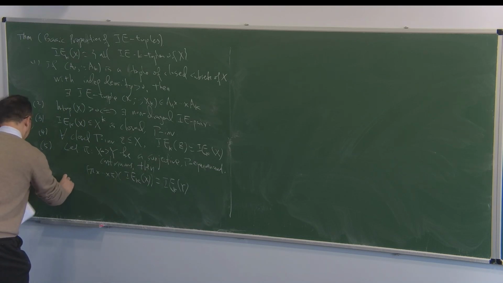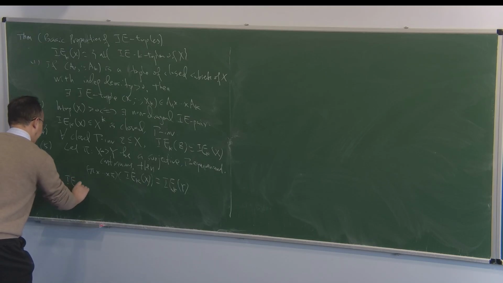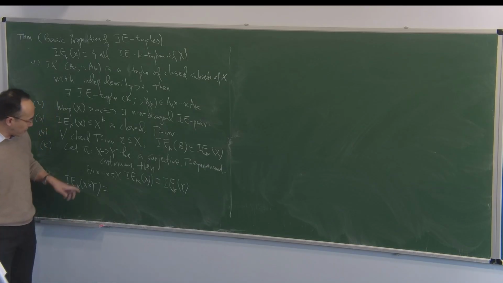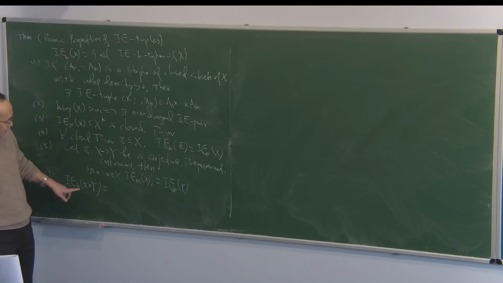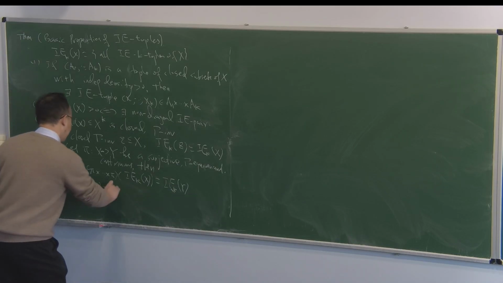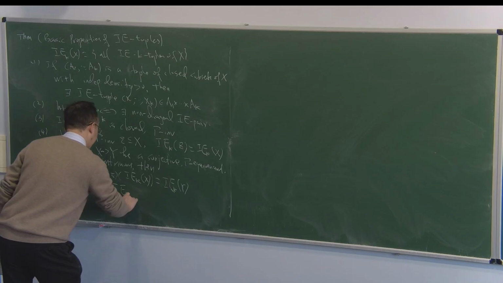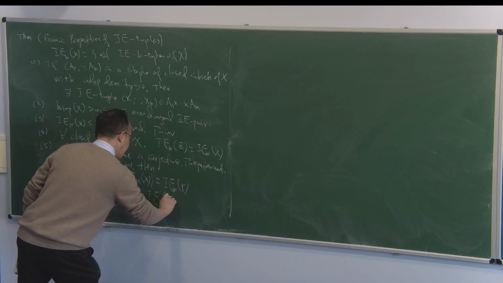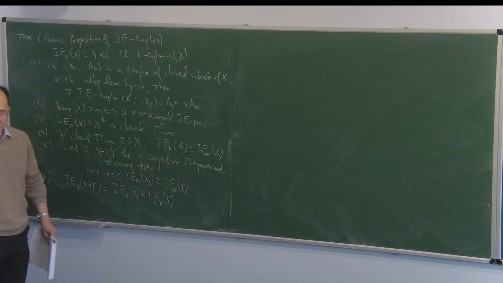The last one is a product formula. When we have actions of gamma on X and on Y, we look at the action of gamma on X times Y. Then the IE tuples here are exactly the same as IE tuples of X times IE tuples of Y, precisely equal.